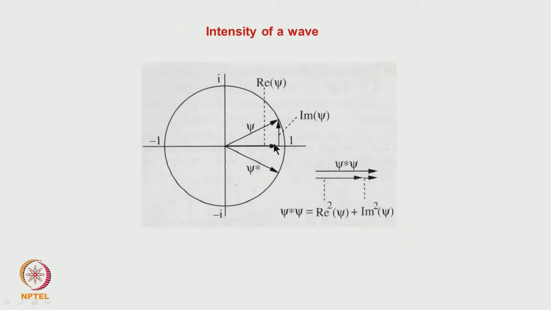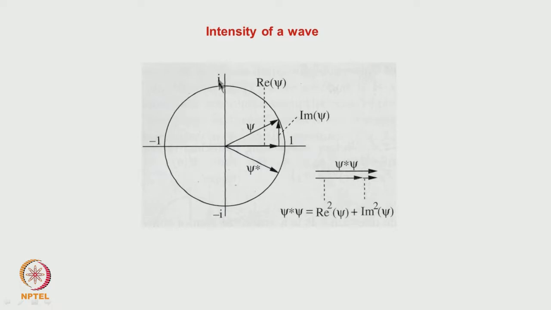Suppose we assume that this is the net amplitude of the scattered wave. Then if you have to find out the intensity, psi star has to be taken. If you take it, the intensity is always going to be real, that is, in the real plane or the x axis plane.